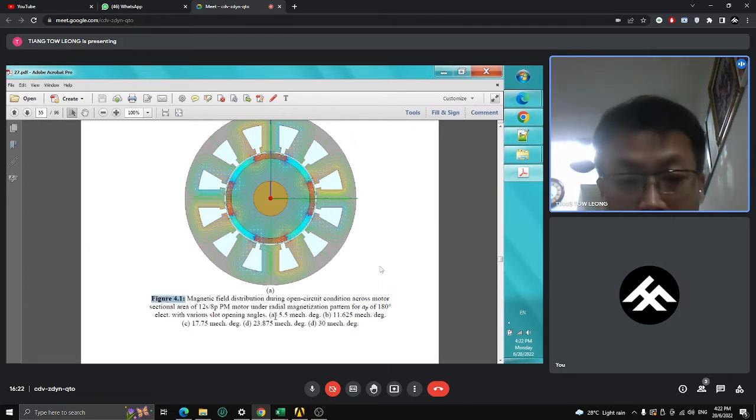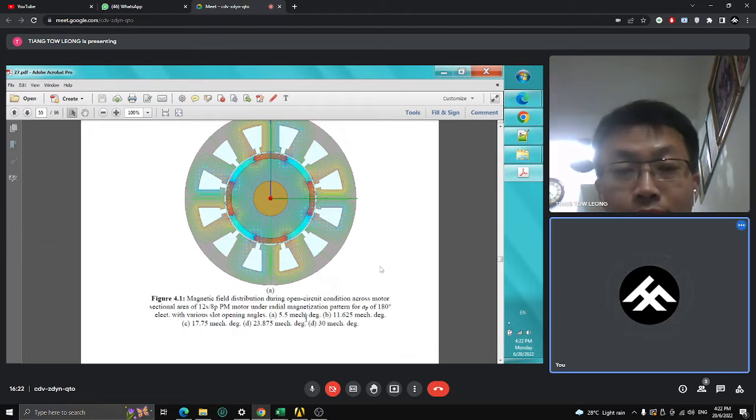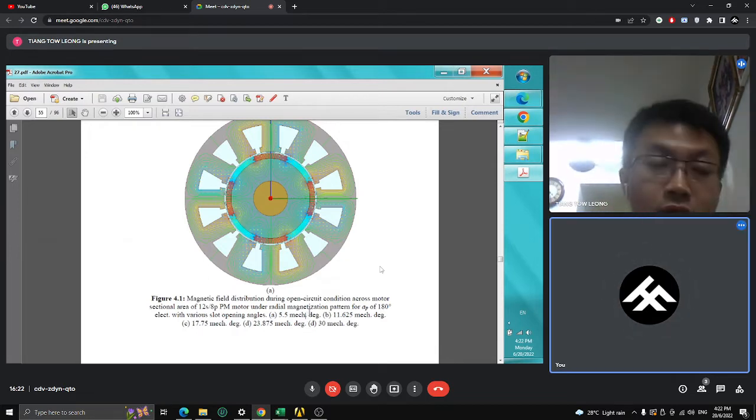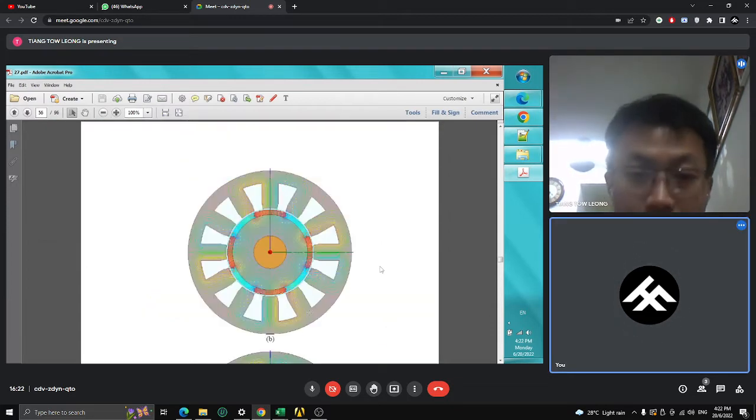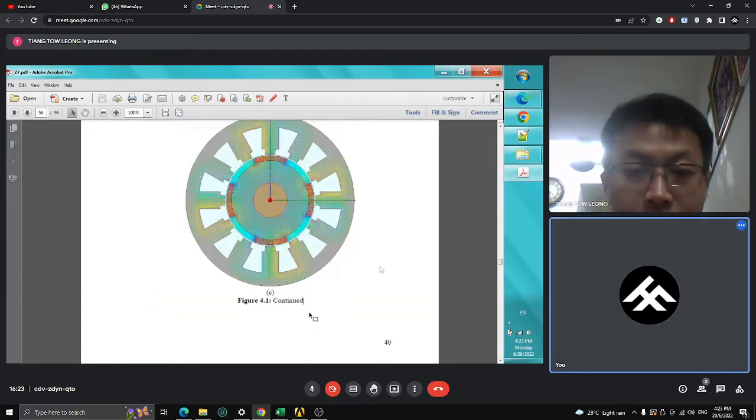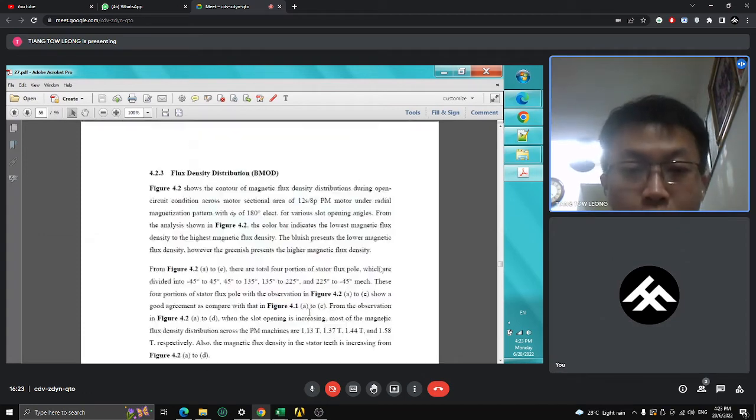You must include one figure. Then there are a lot of models where the magnet span is changing, A, B, C, D, E. Similar thing needs to be included like figure 4.1. So A, B, C, D, E all go in.